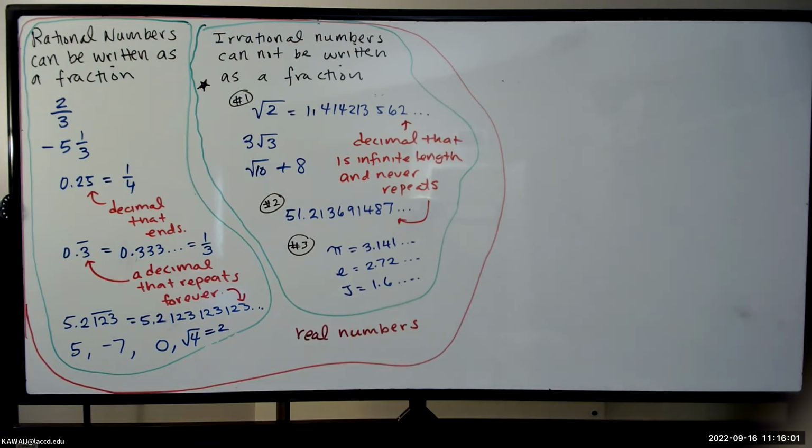Okay. Now, I gave you some homework. Let's take a look at that homework. Okay, so let's pop that up and let's do some of them together. So this is the types of numbers. And remember, do all the homework and then send it to me.